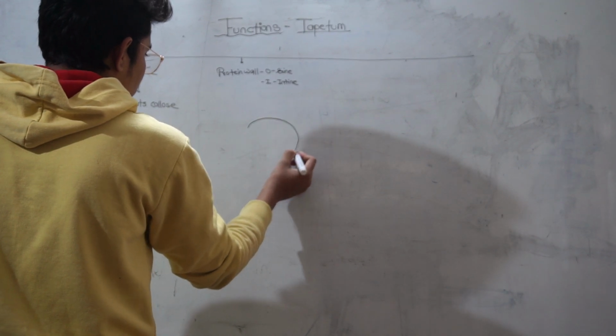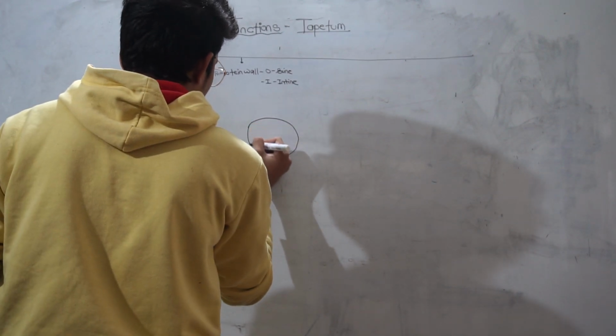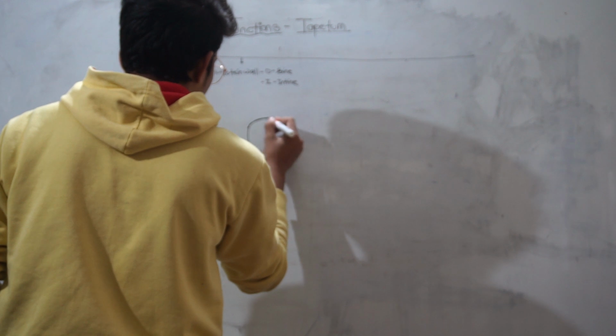So let's say this is the body of a pollen grain.